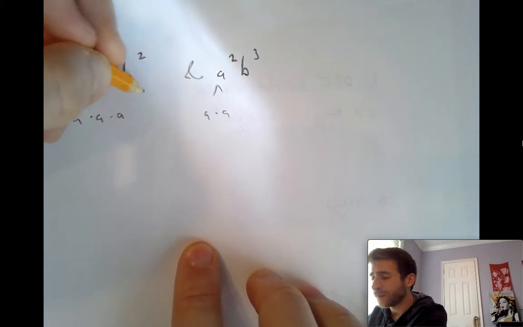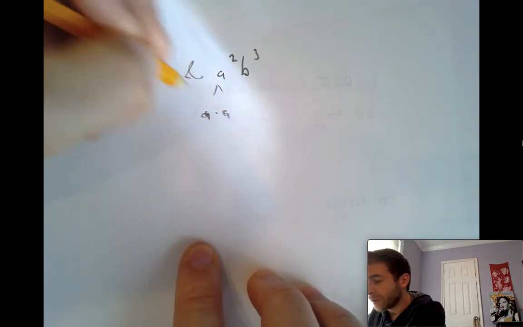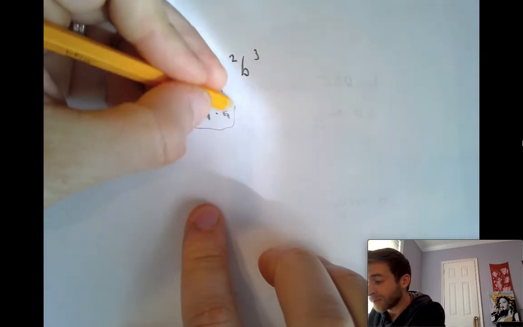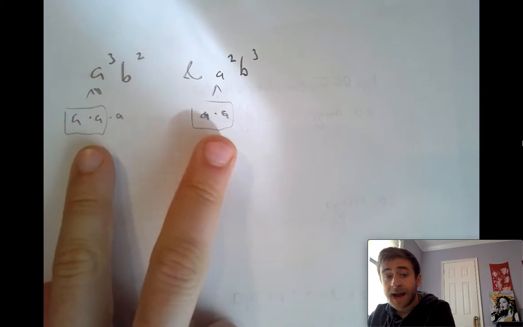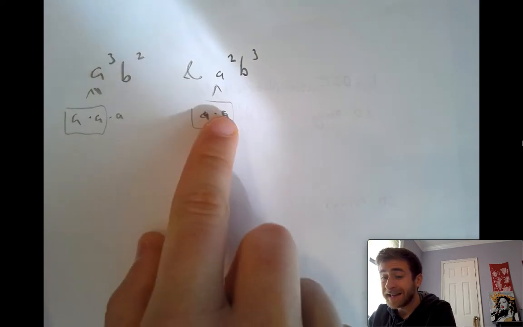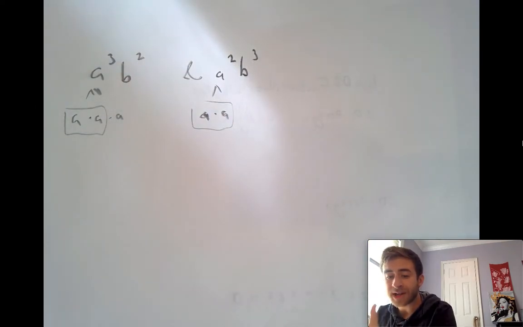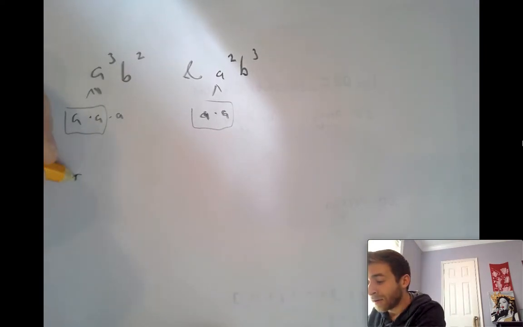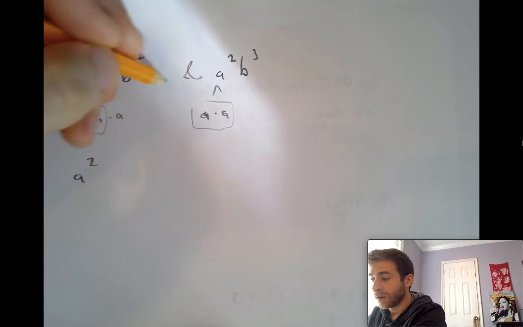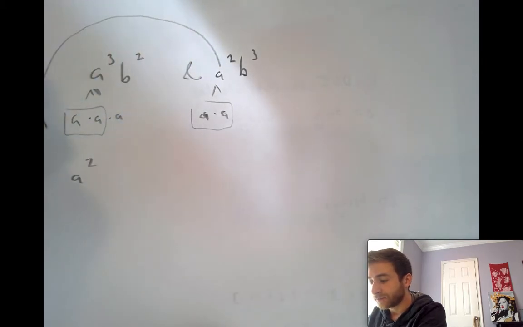This guy can only afford an a squared, only 2 a's multiplying times itself. So I'm going to divide out an a squared from each of these because I need to take out the most that I can from both. So I'm going to take out an a squared from both of these guys. Bring in this a squared over here.